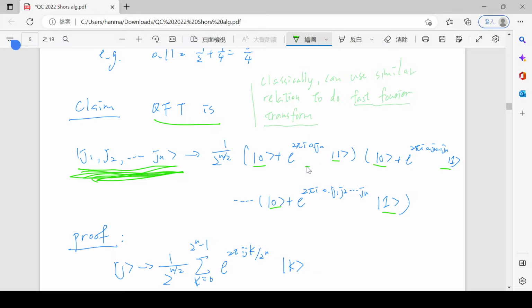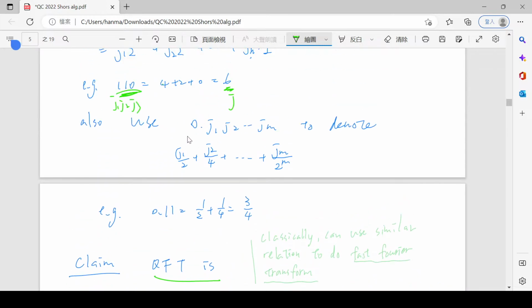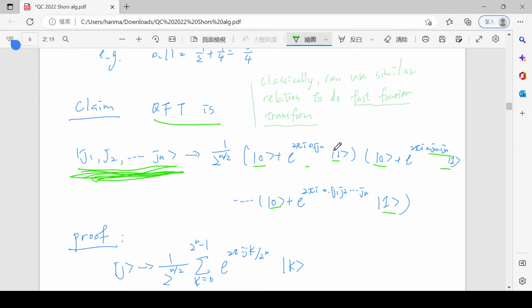The phase is e to the 2 pi i 0.jn, and e to the 2 pi i 0.jn-1 jn, and so on, getting longer. Remember, this 0.jn is interpreted the binary fraction way, which is why we talk about it here. For example, if jn equals 0, then the whole thing is 0 and the phase is just 1.